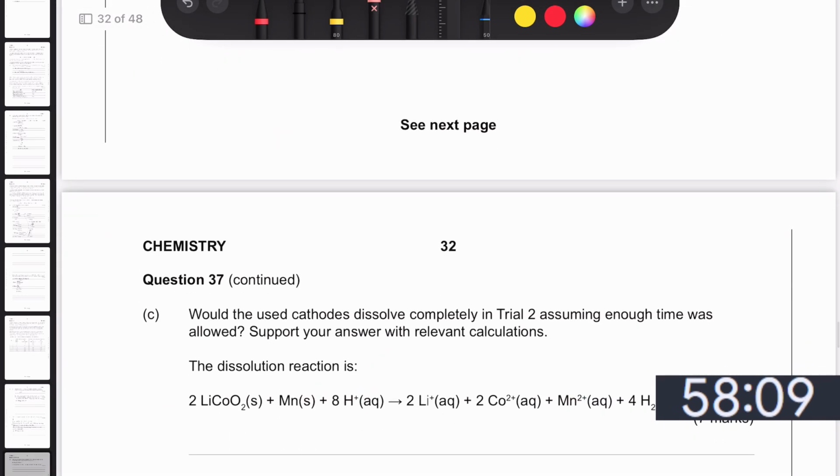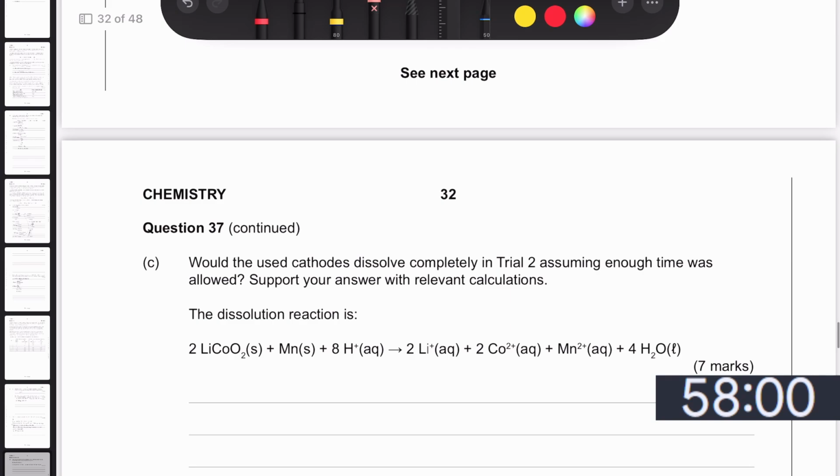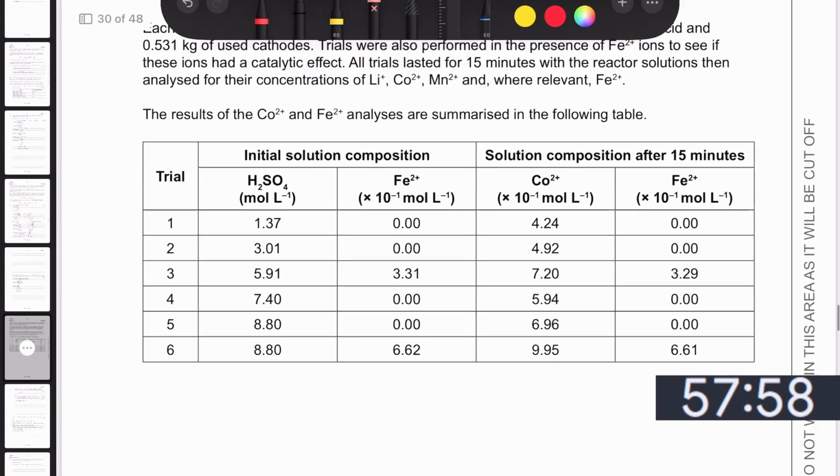Okay, will the cathodes all dissolve completely in trial 2, assuming there's enough time allowed? Support your answer with relevant calculations.